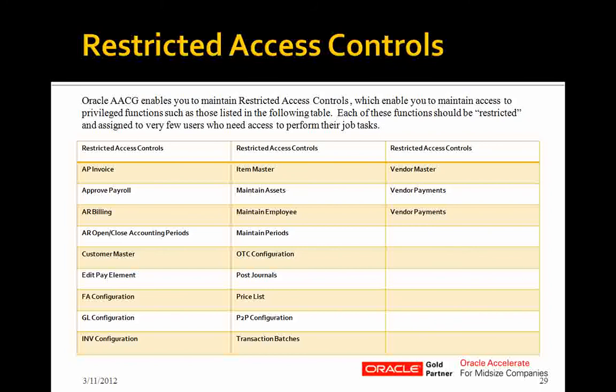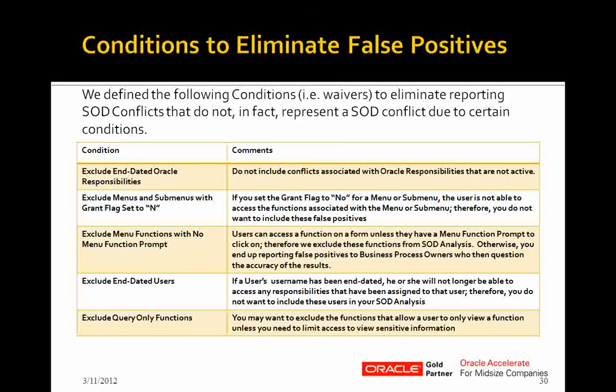How many people can configure the general ledger or have access to the customer master or the item master or the vendor payments? So what we want to do is eliminate access to that, and what we're able to do is report and show all the users who do in fact have access to these restricted functions.